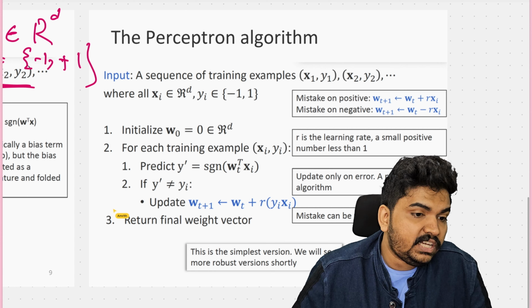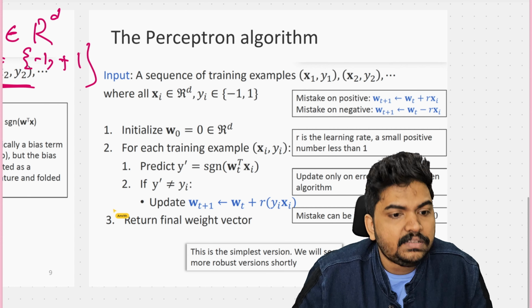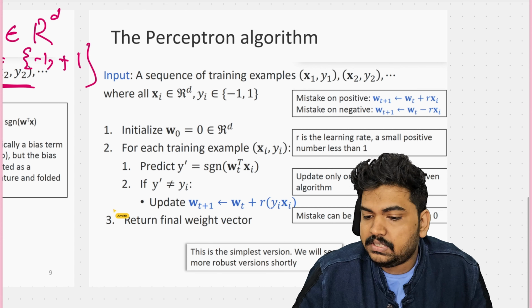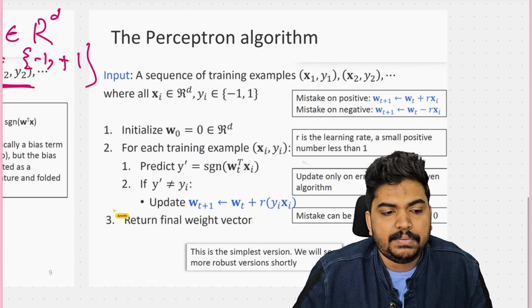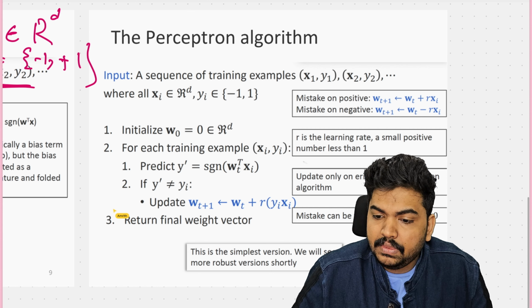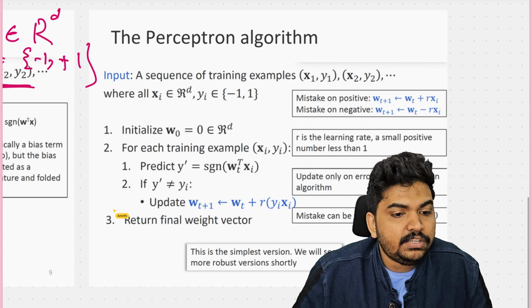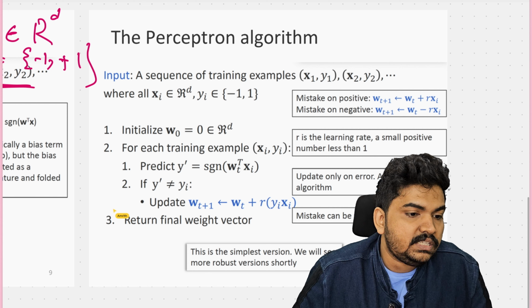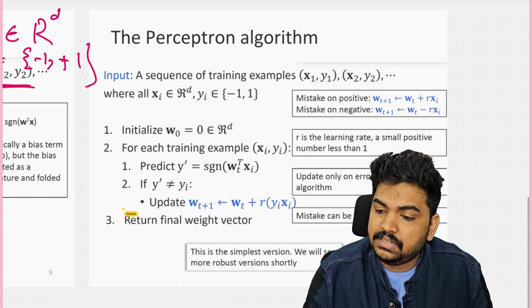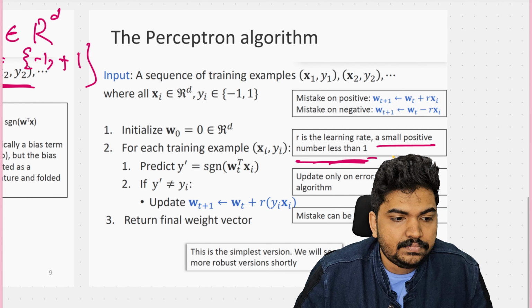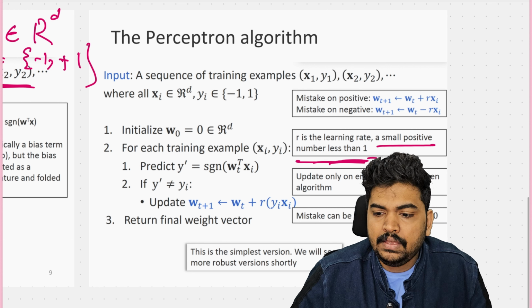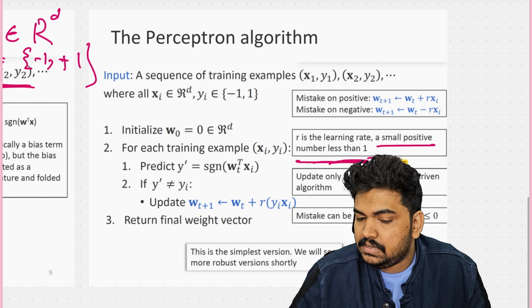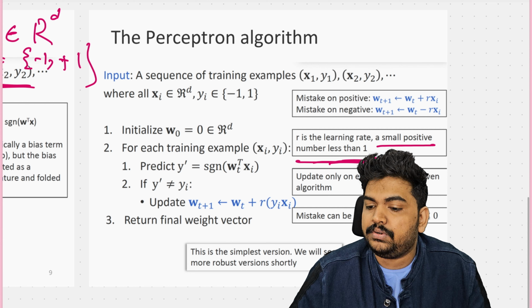Now if the example is negative, then we are simply subtracting the features after scaling it with the same constant r. Thus happens the entire update, and r is the learning rate, or we call it the step size. It is generally a small positive number which is less than 1. And this is how the perceptron algorithm works.